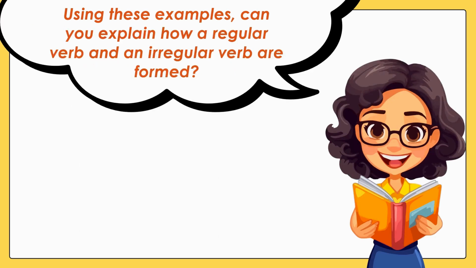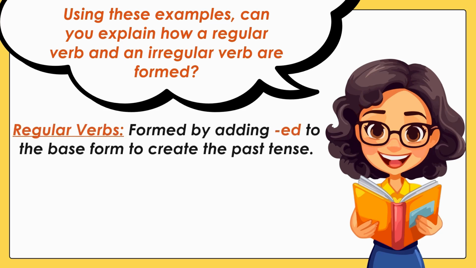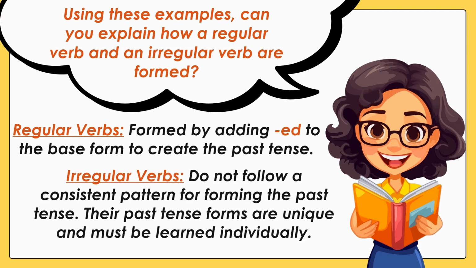So now, using these examples, can you explain how a regular verb and an irregular verb are formed? Always remember that regular verbs are formed by adding ed to the base form to create the past tense, while irregular verbs do not follow a consistent pattern for forming the past tense.